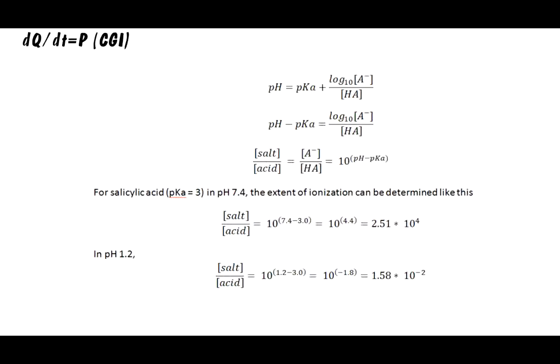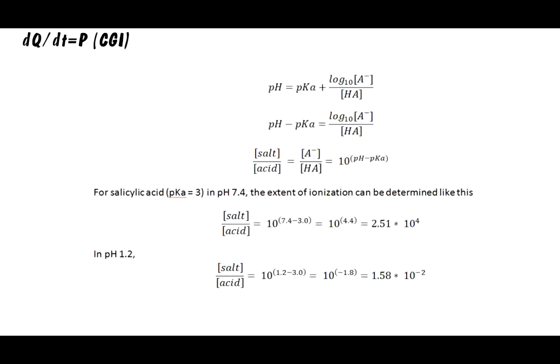That is why the non-ionized species are very high in the gastric region. The drug can easily pass through the membrane. And here the total drug concentration at pH 7.4 is higher when compared to the gastric juice compartment.